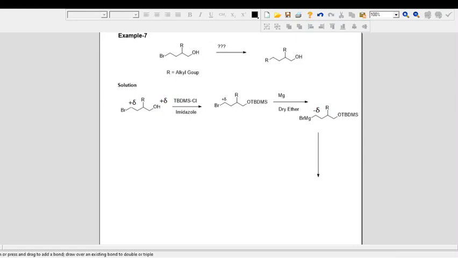It could be easily done by treating this Grignard reagent with alkyl halide, maybe methyl, ethyl, benzyl, etc. Now this negatively charged portion of the molecule, which is electron rich, is going to attack on this carbon atom with the removal of the corresponding halide.